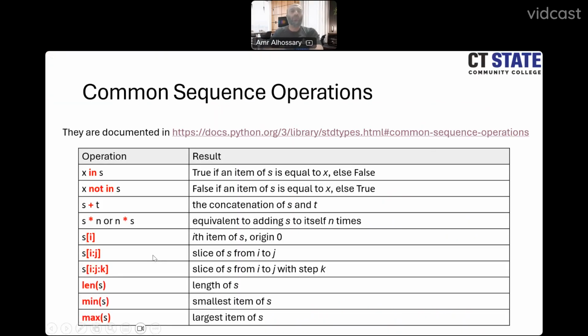The operations, as we mentioned, we have in and not in. We talked about addition, multiplication, indexing, and slicing with and without steps, and the len, min, and max. Let's try them one by one quickly.